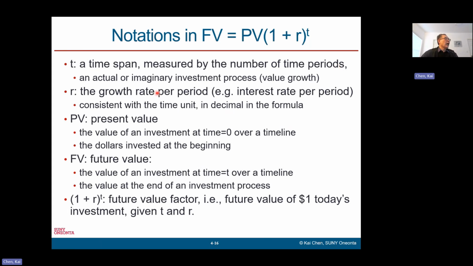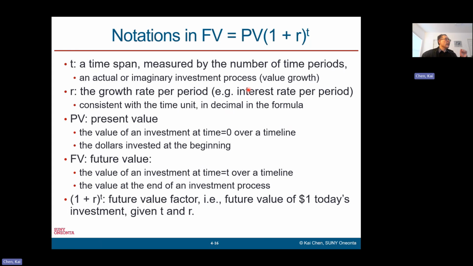And of course the number of T defines an actual or imaginary investment process. It could be an actual investment process, that means you invested in the past, and now after you hold your investment, you want to know how many dollars you have in your investment.